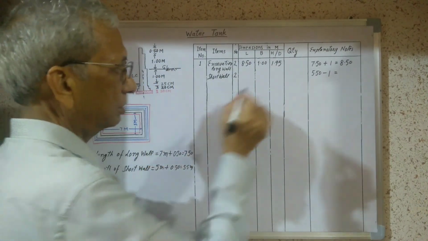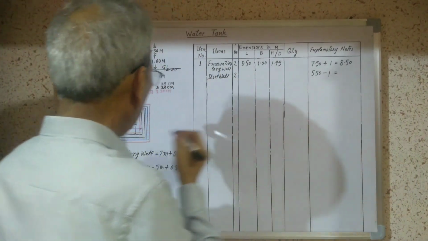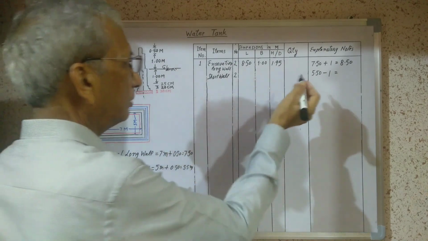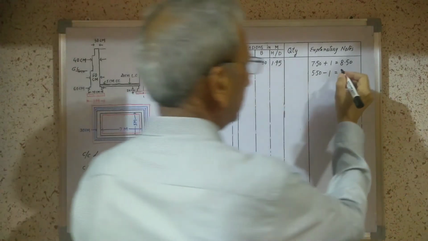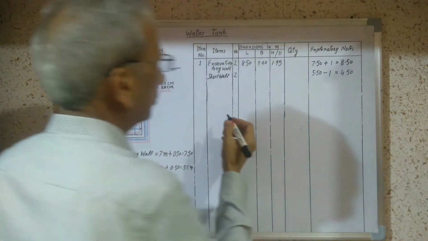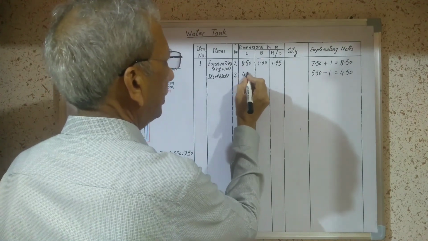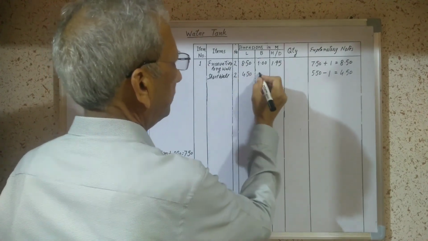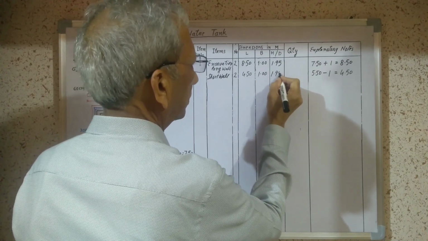Therefore, we will not account for these corners in short wall. We deduct 1 meter from center to center length of the short wall. It will be 4.5. Now calculation, length is 4.5, multiply 1 meter and 1.95.